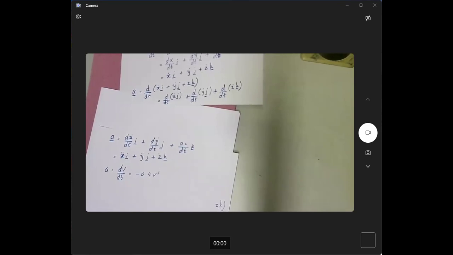Then what the question asks is the velocity after 4 seconds. We know that at time equals 0, velocity is 60. So it asks you, when t equals 4, how much is the velocity? Now what should we do? The only equation that we have is this one.